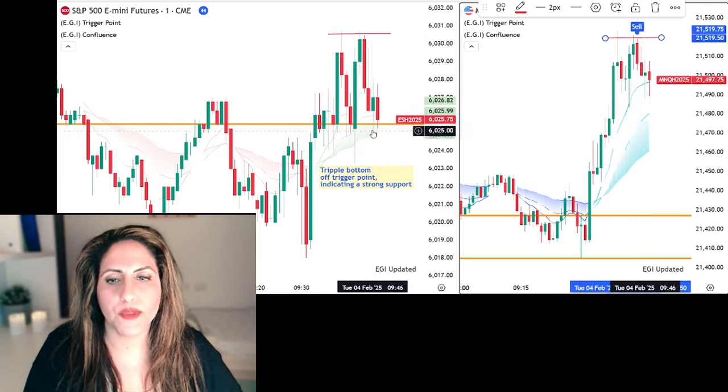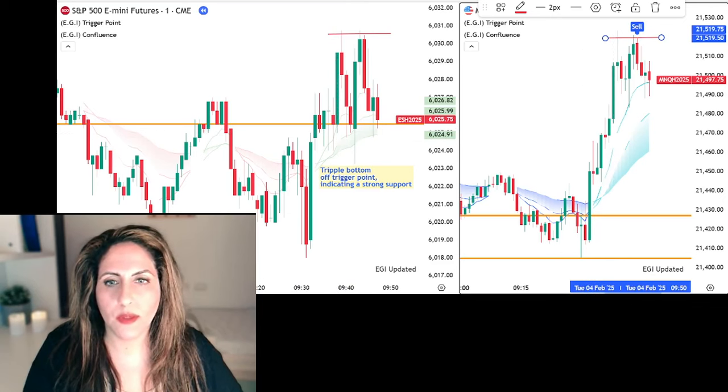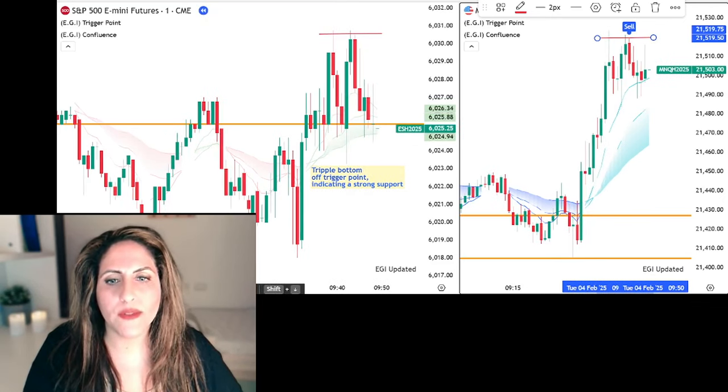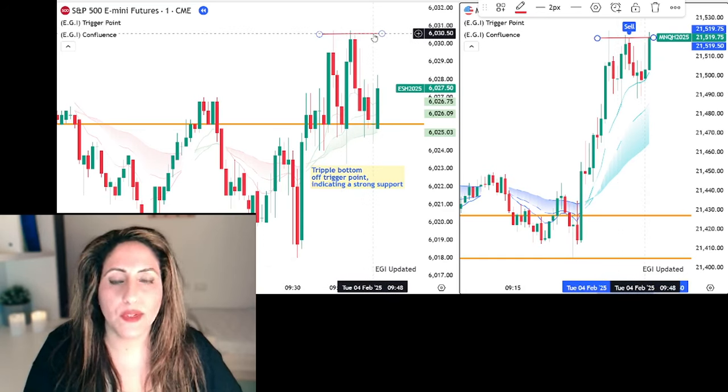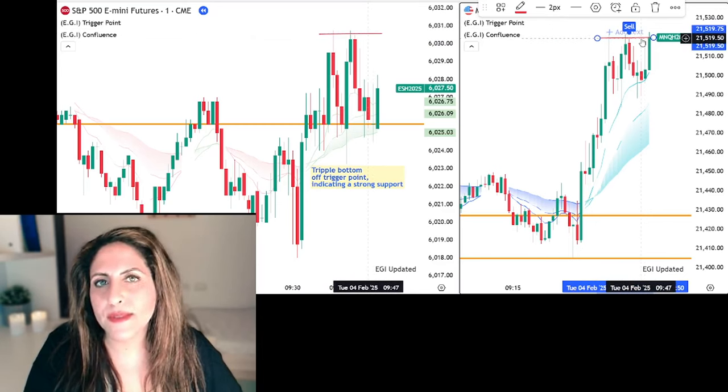This trigger point was confirmed as a strong support level due to several bottoms here. What I usually do is wait for this intraday resistance level to break, and I expect the same behavior from ES.